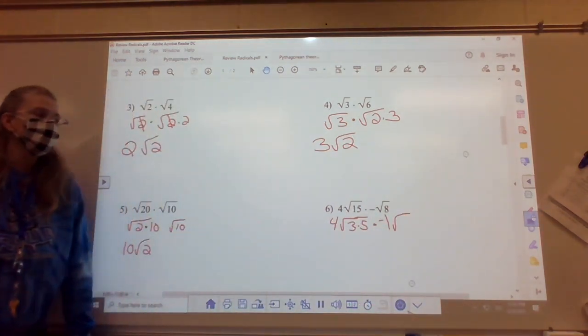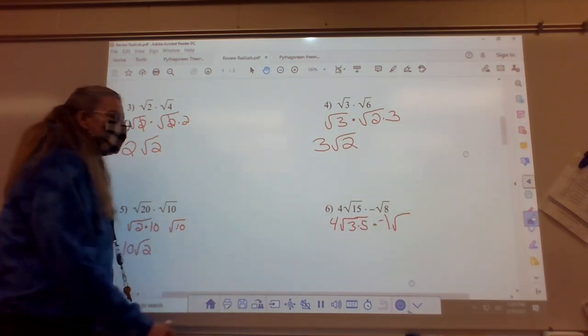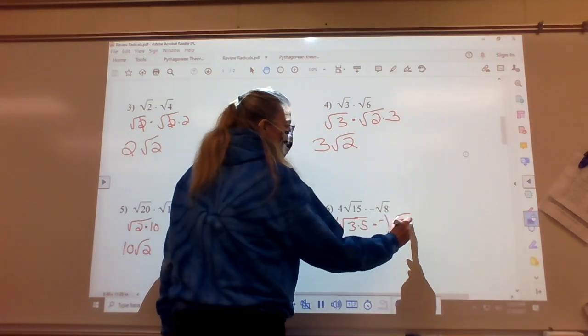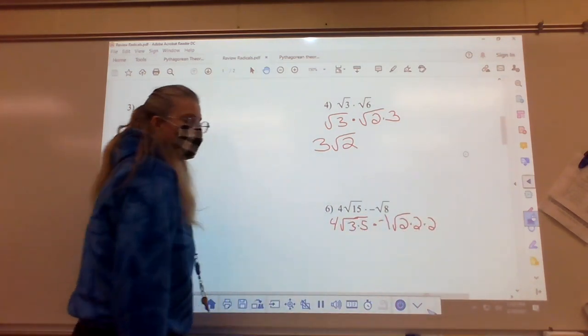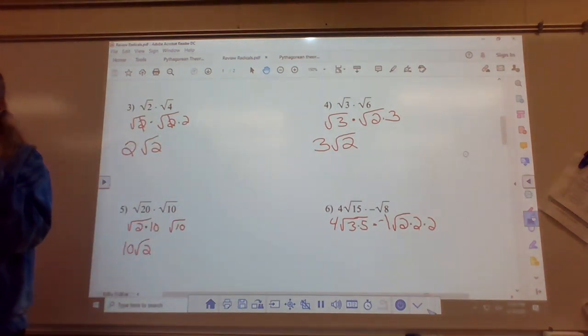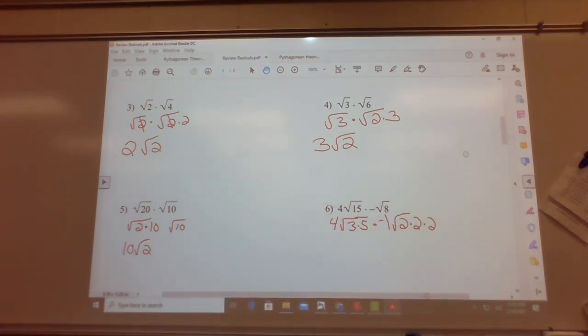8. How can 8 factor? 4 and 2. And because 4 is actually 2 and 2, 8's actually 2 times 2 times 2. Because I get 4 and 2, but then the 4 can break down again. Now, if it's already out front, it's just going to stay out front.